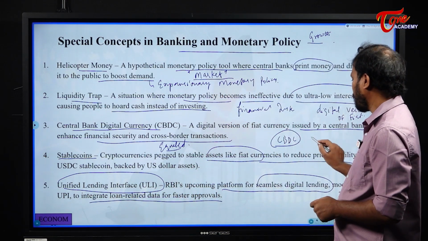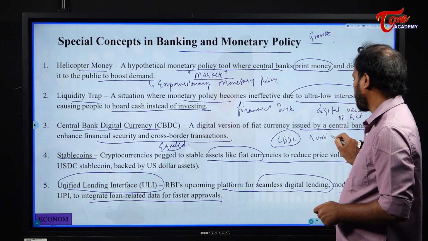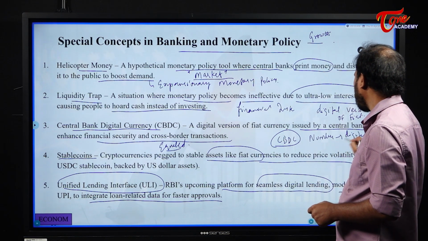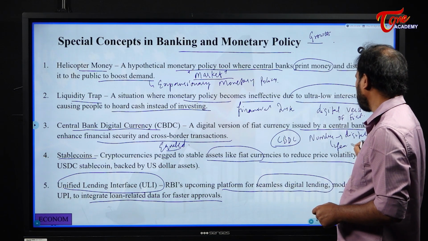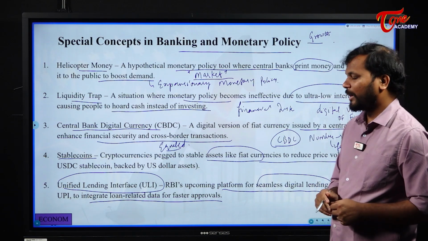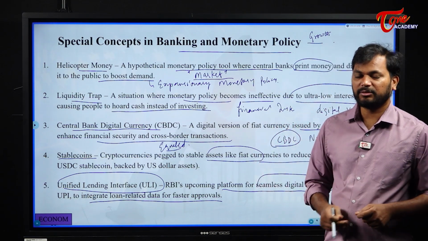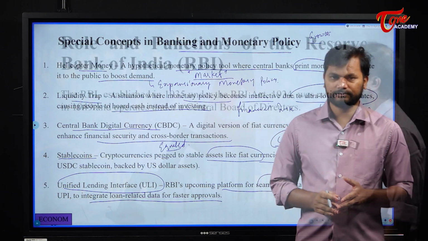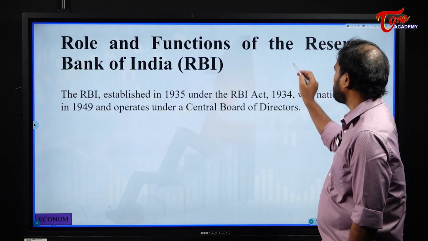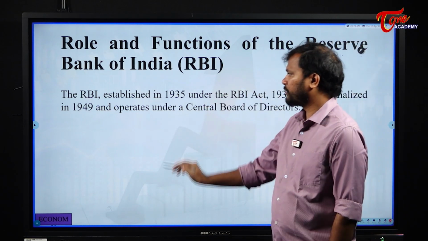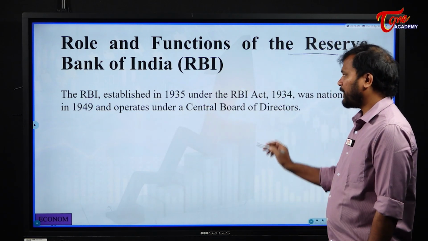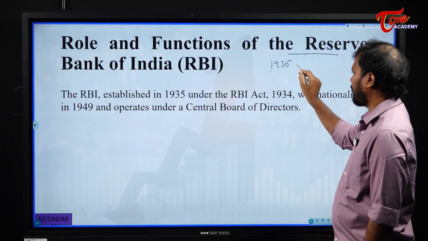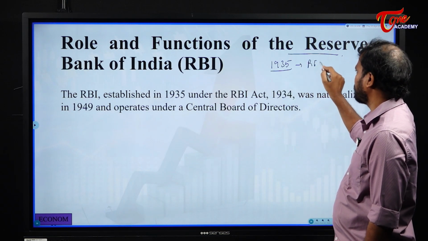The loans that we have shall be digitalized so that there is feasibility with respect to the data that can be acquired and with respect to prompt repayment of the particular loans. Clear? Now, role and functions of the Reserve Bank of India. See, the RBI was established in the year 1935 under the RBI Act 1934.